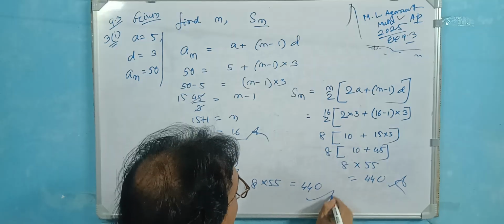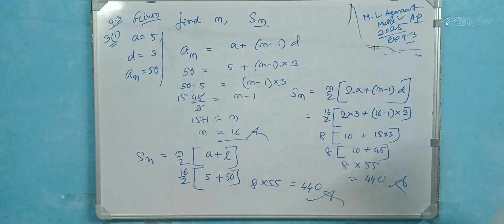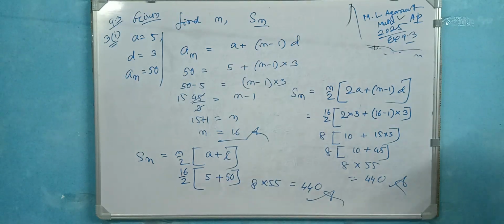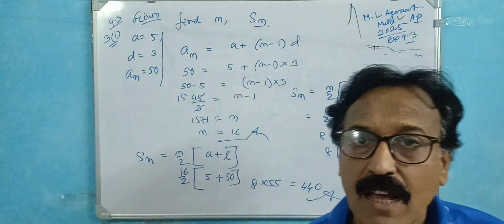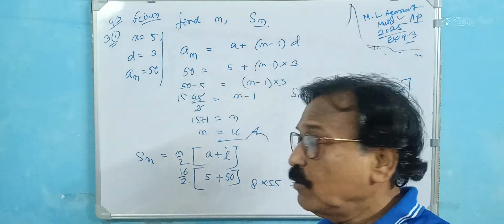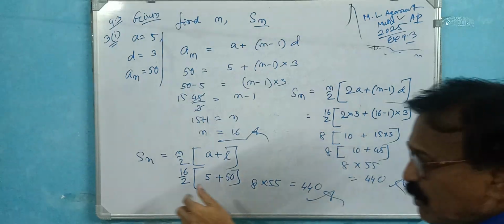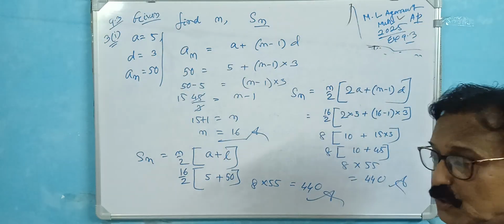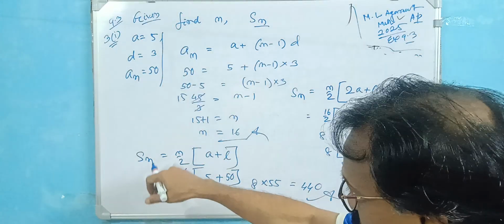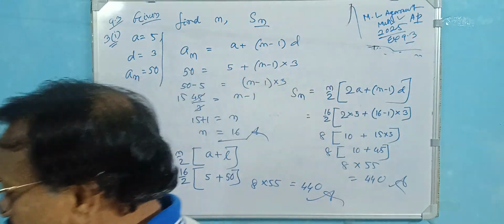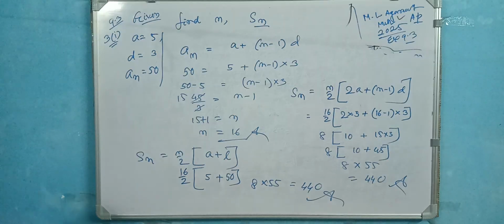Directly you put it. So this is a much easier calculation and the time will be very short here if you use this formula. No problem at all. You just put it, because you know Sn is equal to n by 2 a plus l.